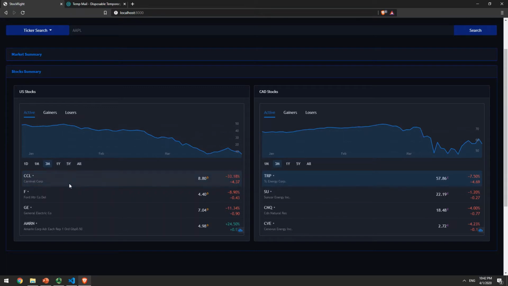Based on this, it's really easy to, let's take a look at why this is important and why this is useful data. So simply just by looking at this, you can see that one of the most active stocks in the US stock market right now is Carnival Cruise, right here, CCL.